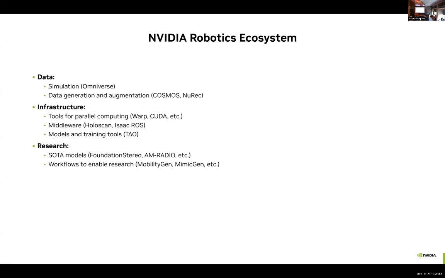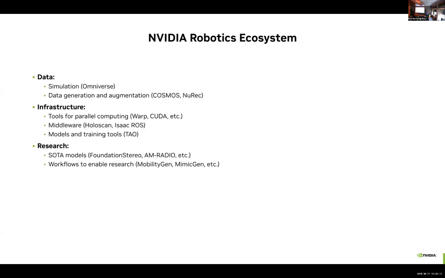As Angela was mentioning, it's difficult to capture real world data. So one of our strategies is to create simulators that are able to generate the data for you. The other strategy is generating data through foundation models or providing augmentation.